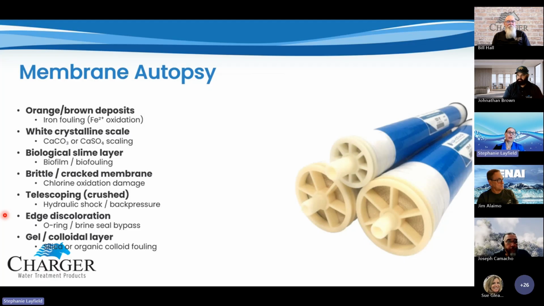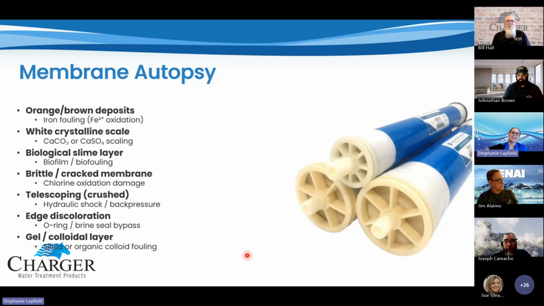Then telescoping or crushed, that's where you've hit it with water pressure, water hammer, something physical, and it's crushed in those membranes. Edge discoloration, so you're noticing it right around here. That's where you check out that O-ring brine seal on there.